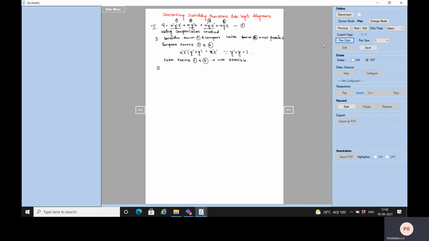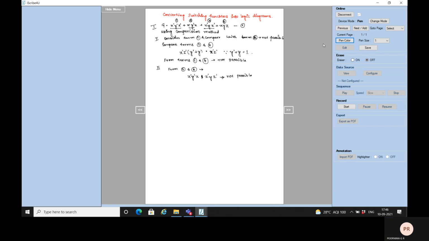So, terms 2 and 3: is it possible to remove any redundancy? You have x, y bar, z and x, y, z bar, which are ORed. If you observe closely, no variable can be removed, so we leave it as it is.